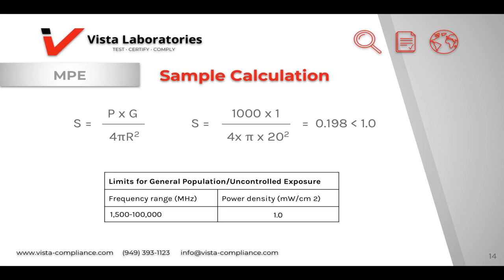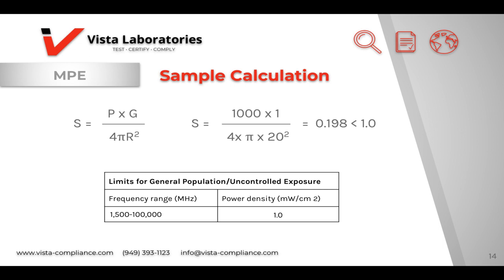Taking a look at a sample calculation here, suppose you have a product with an output power of 1000 milliwatts, or 1 watt. That would be a conducted measurement of 30 dBm. And suppose the antenna has 0 dBi gain. On a linear scale, that would be 10 to the power of 0 over 10, which is 1.